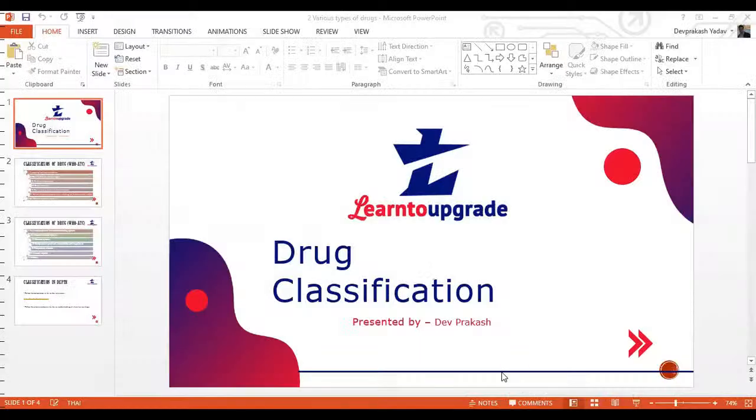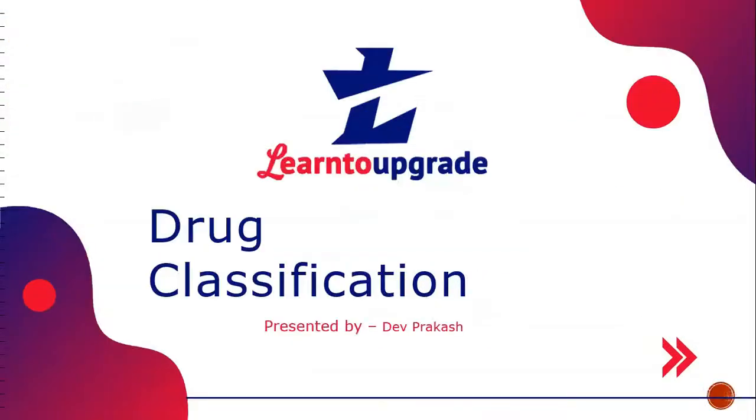Okay, so I will take you quickly to another slide so that you can read that part also. It's a very small thing. So, drug classification. Whoever is from a pharma or medical background, I hope you know drug classification much better than even me.